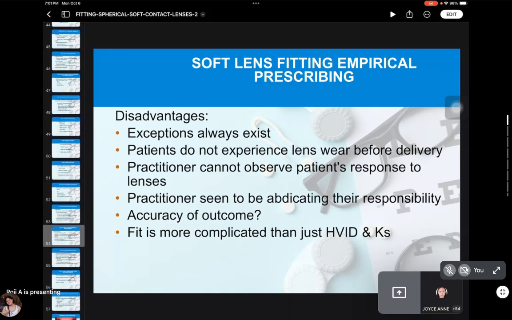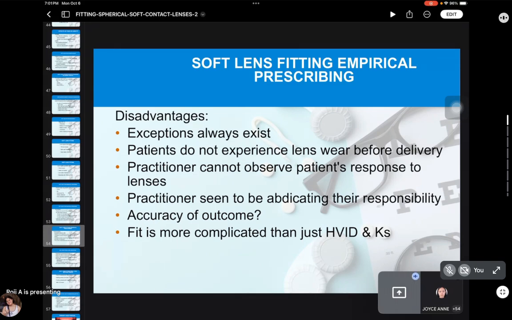That's the truth. Remember, I gave you an example wherein our clinician would measure the K reading, and based on the K reading, they would prescribe any contact lens, particularly RGP. And they would say, oh, doc, how come I computed naman the K readings, but how come it's so flat or it's so steep?